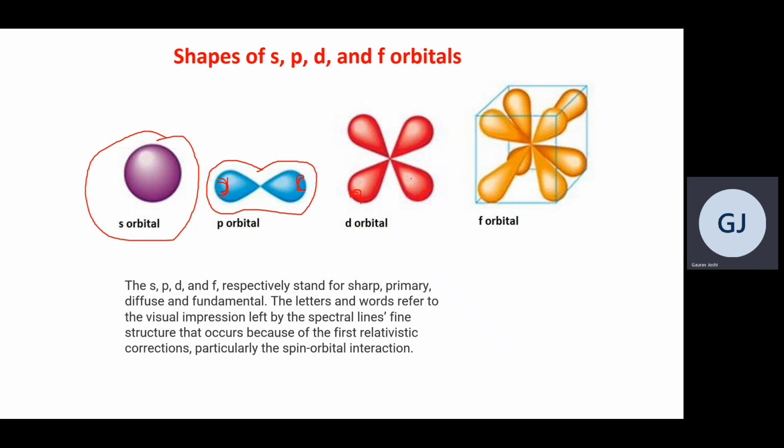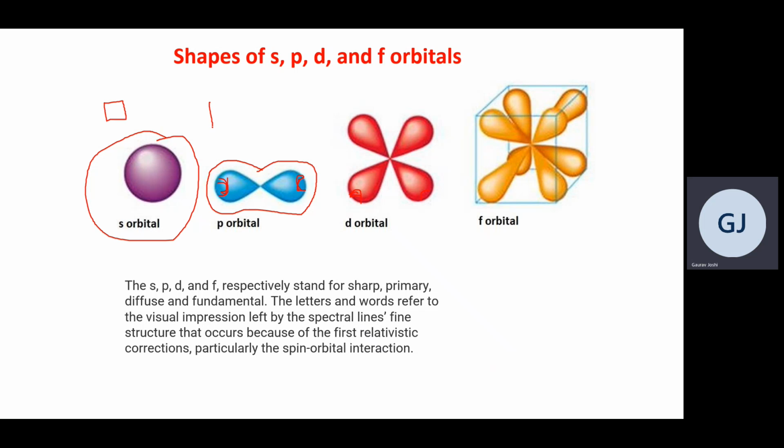Now when we are filling the electrons in theoretical classes, we cannot draw all these spheres, dumbbells, double dumbbells or 3D structures. So we denote these things with boxes. The s orbital is denoted by a single box.